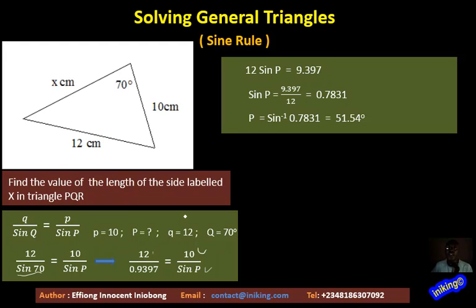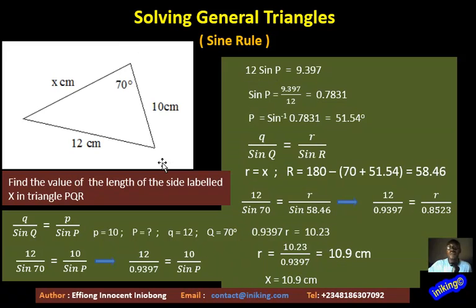If we cross multiply here, we have 12 sine P equal to 9.397. And then manipulating here, we have sine P equal to that. The sine inverse gives us our P as 51.4. So now we know the angle P. We can go out to get the angle R. Do not forget that this is our P, that's our Q, and that's our R.